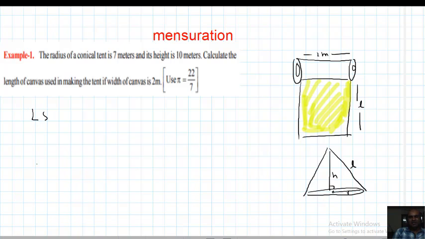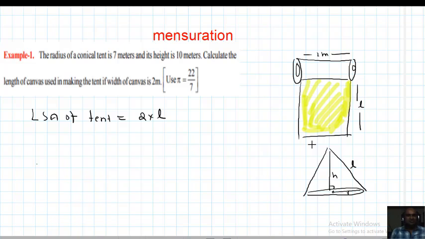So only LSA of the tent equals 2 into L. Actually, we need to write one step: L meter be the required cloth length.